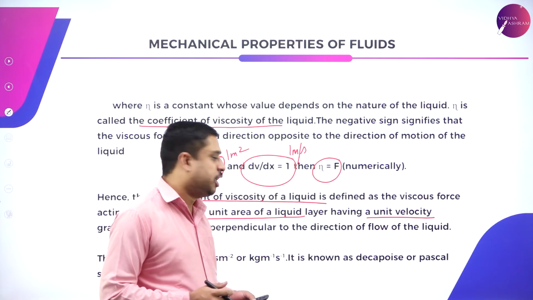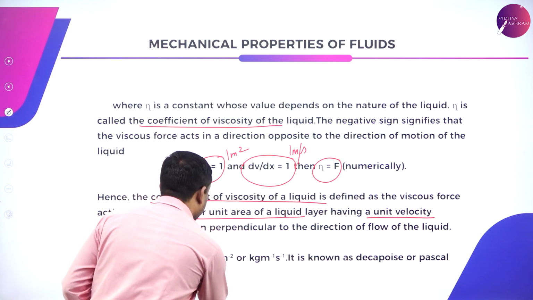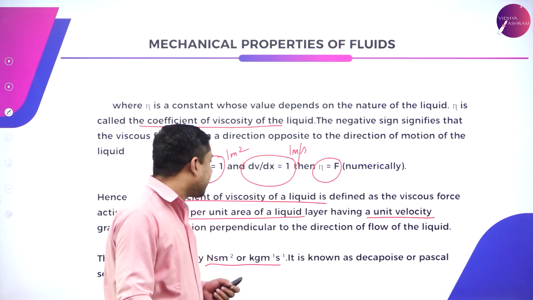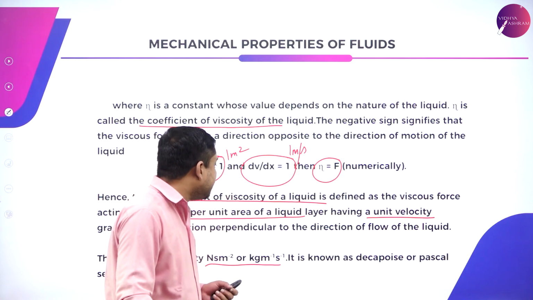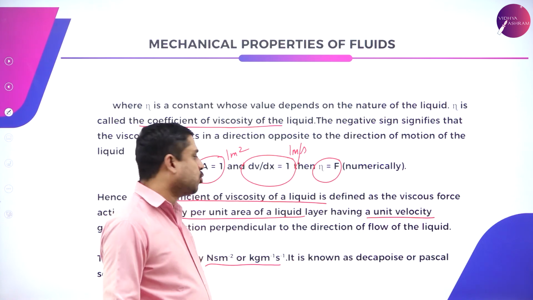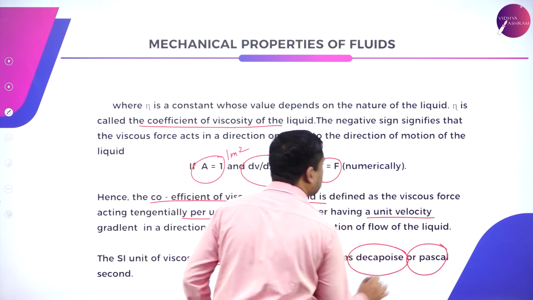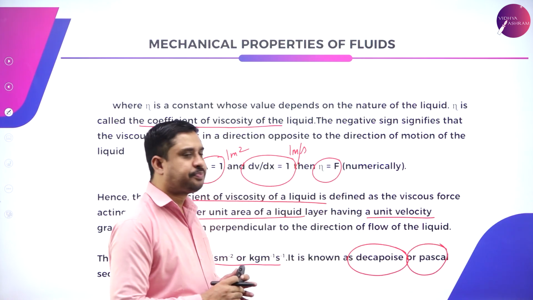And the SI unit of viscosity is Newton second meter minus 2, or kg meter minus 1 second minus 1, which is also called decapoise or Pascal second.